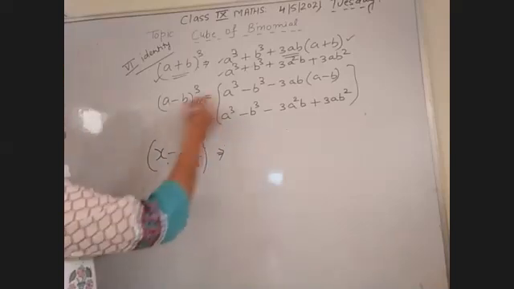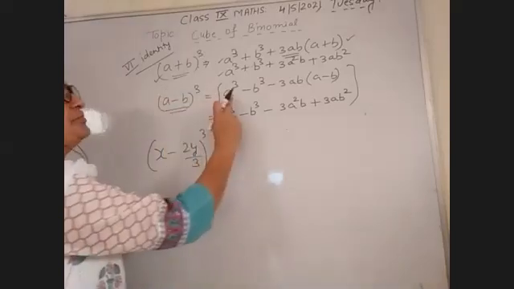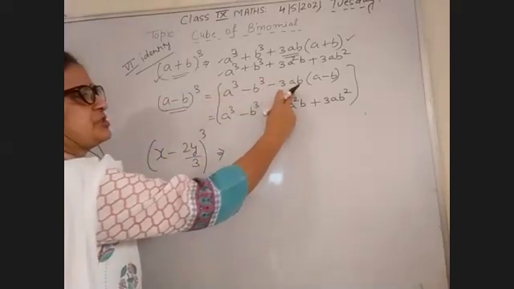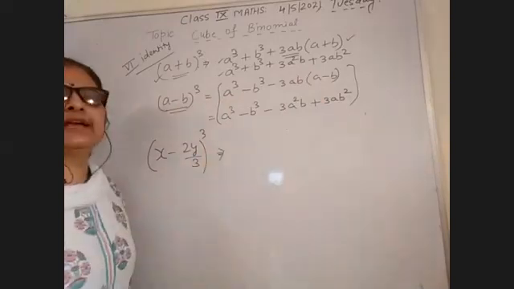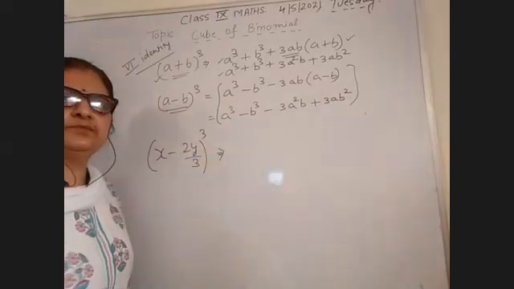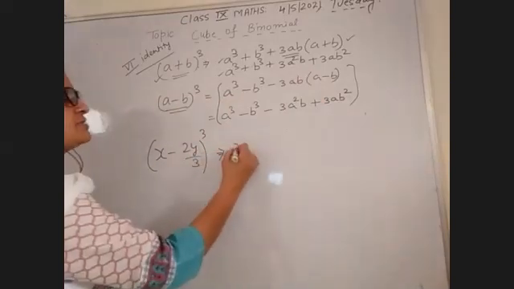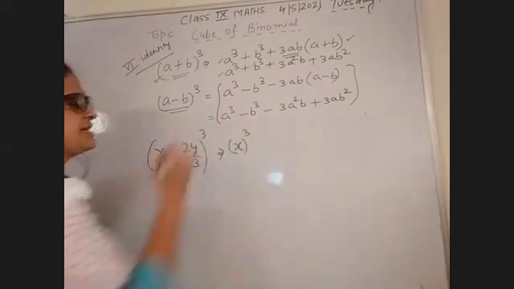First, a minus b whole cube is equal to a cube minus b cube minus 3ab, in bracket a minus b. How will you write this question? You will write it this way.